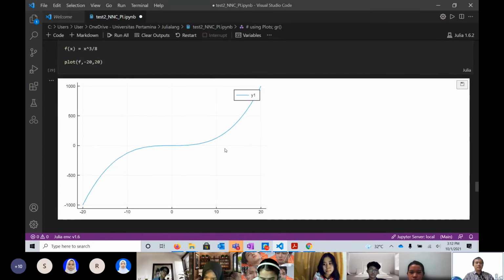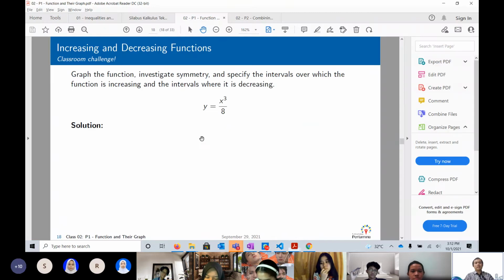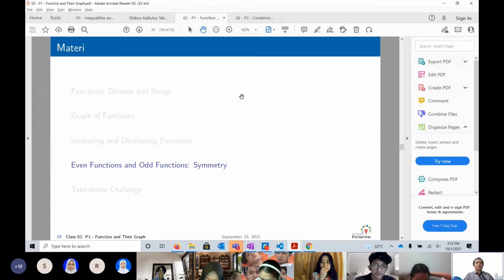So this is the plot of x cubed over 8. So we see that for the whole interval over real numbers, the function is always increasing. So we say that this is an increasing function. You can check it later at home, but I want to jump to the next function.